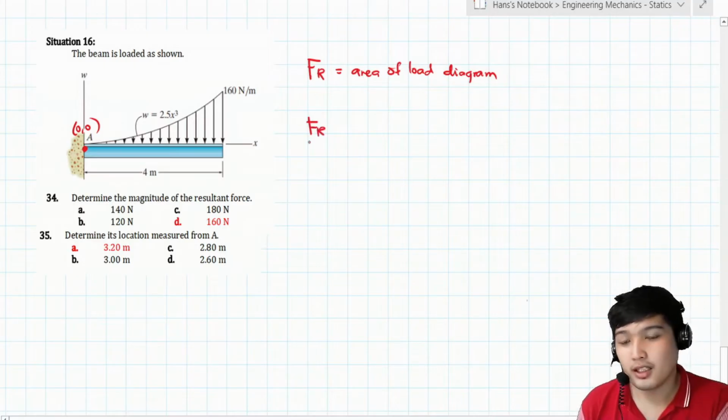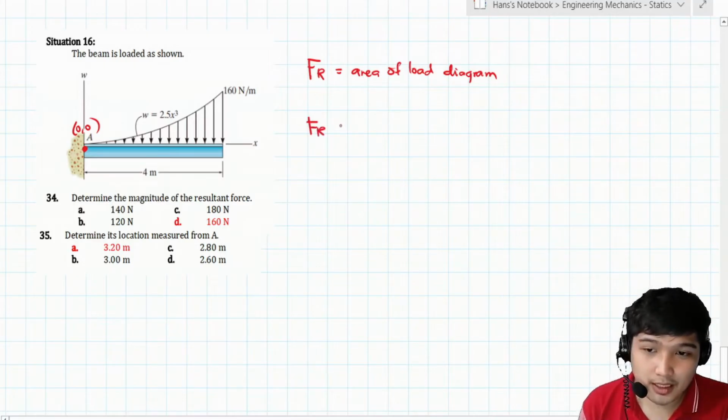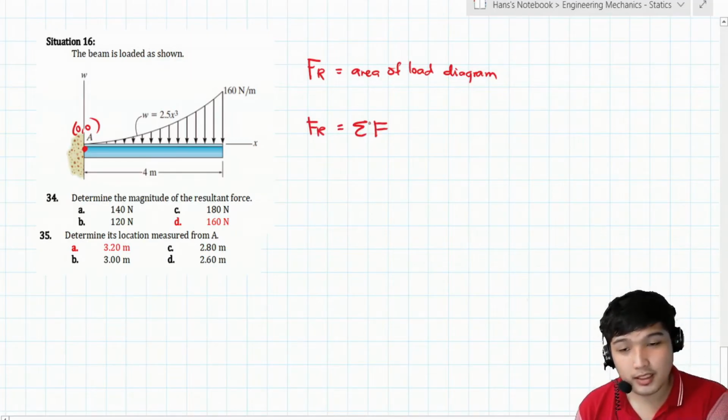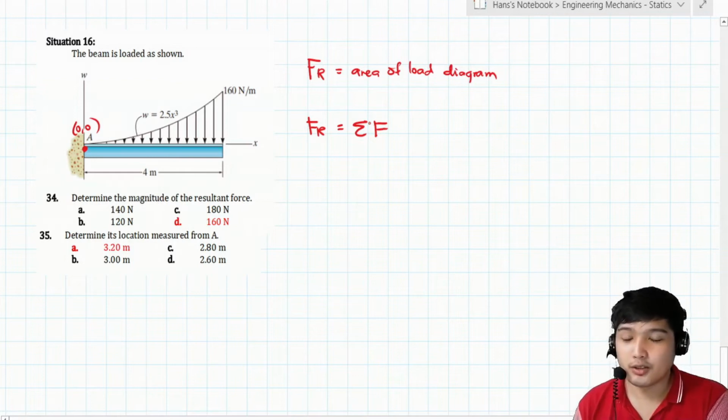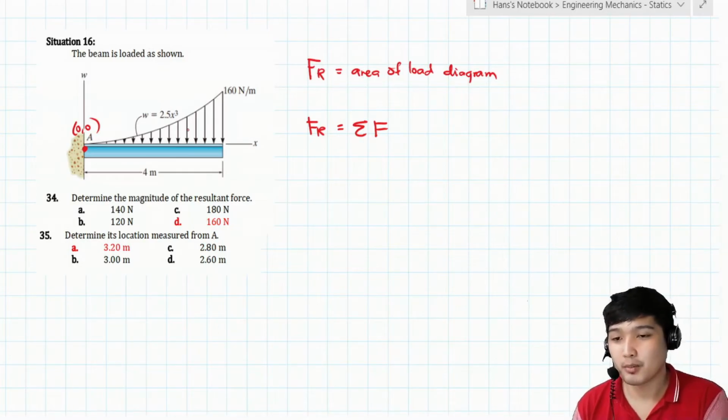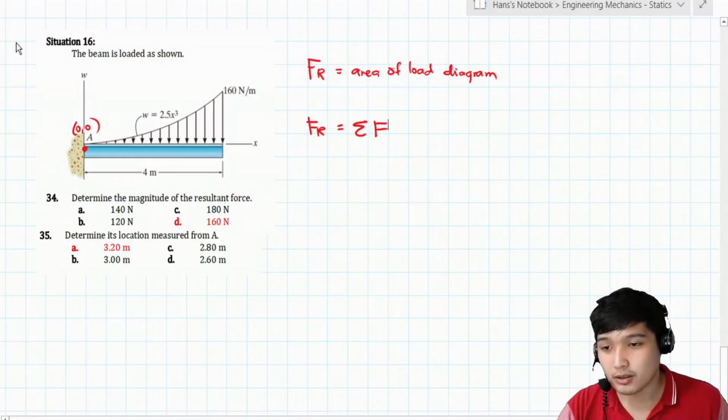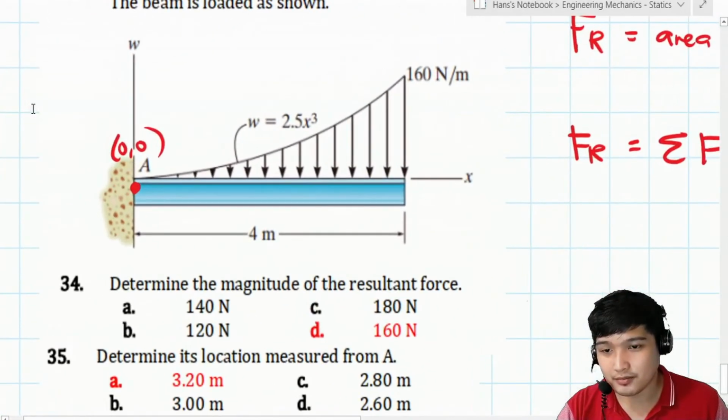Yung total resultant force, 'di ba sabi natin, that is just the summation ng lahat ng components, 'di ba? So very simple. Dito, ang components na gagawin natin is gagamit tayo ng mga strips, no? Differential force, na magre-represent ng component. So let's zoom in this one.